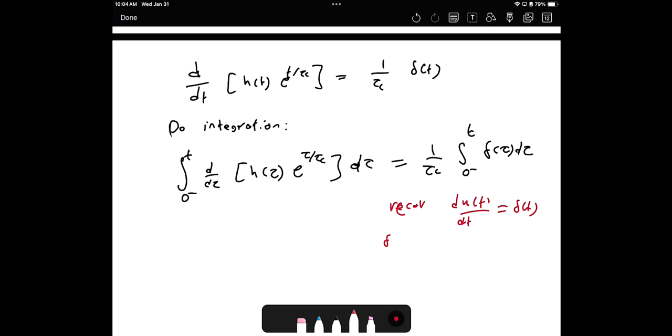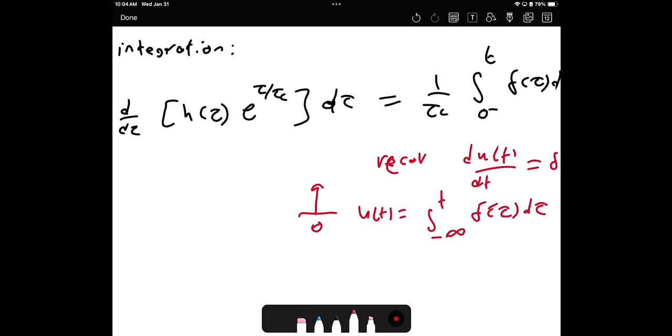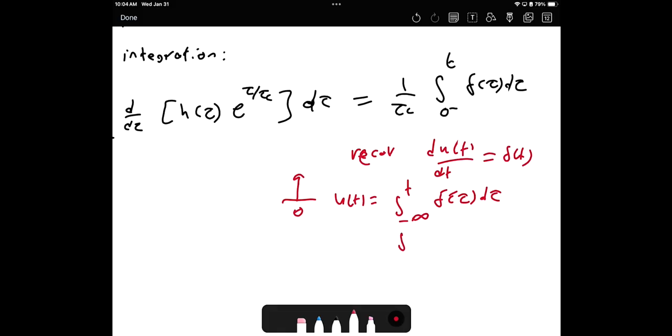Therefore, u of t can be written as an integral from negative infinity to t of delta of tau d tau. Since delta is centered at 0, it can also be from 0 negative to t of delta of tau d tau. This is equal to u of t.